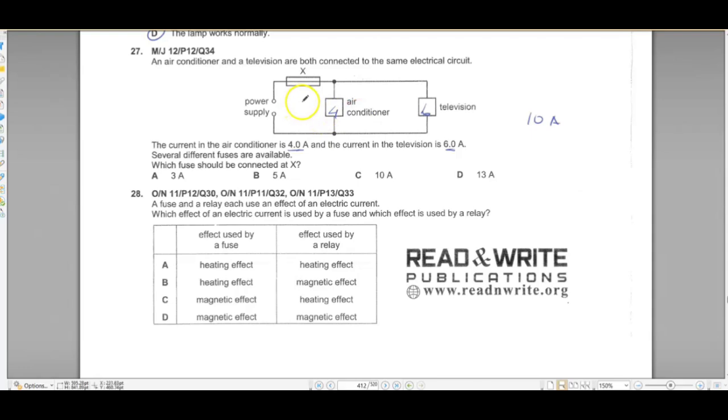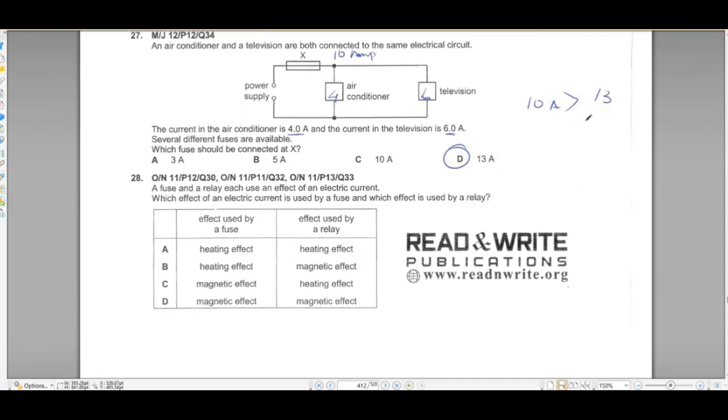So the fuse should be closer to 10 ampere, or if it is a lot more, it should be 13 amperes. So I think we can use a fuse of 13 amperes because 10 amperes has to pass through. If a fuse of 10 amperes is over here, nothing is going to work. So we need a fuse that is greater than 10 amperes. So 13 is greater than 10 amperes, so that is going to be it.